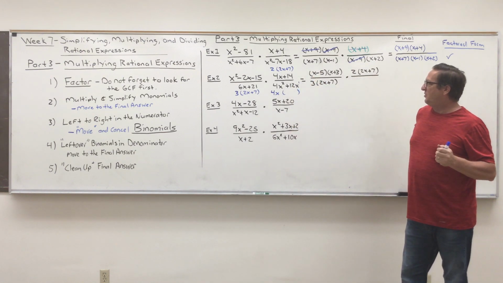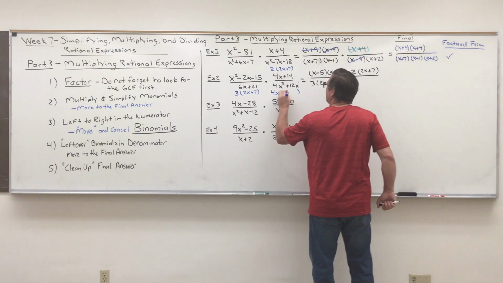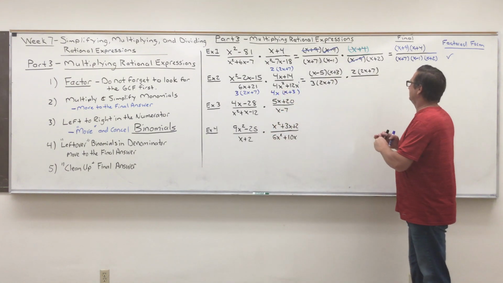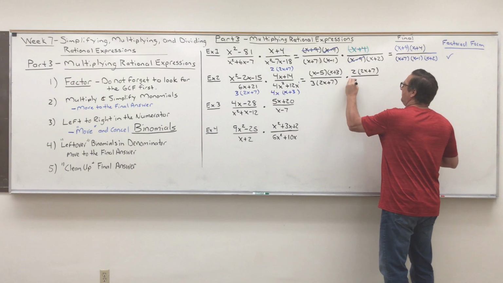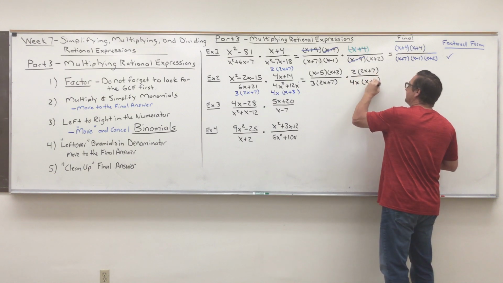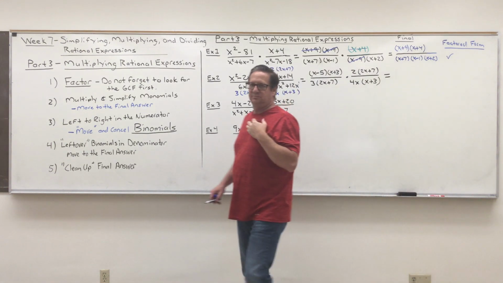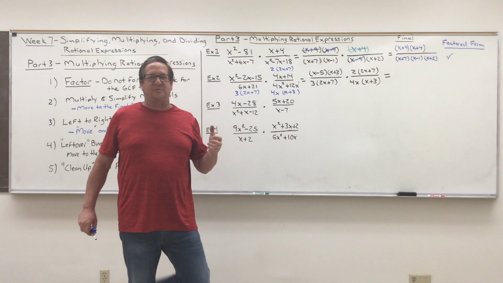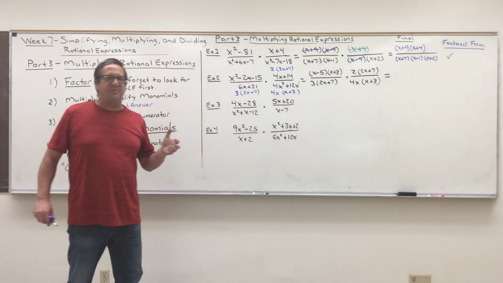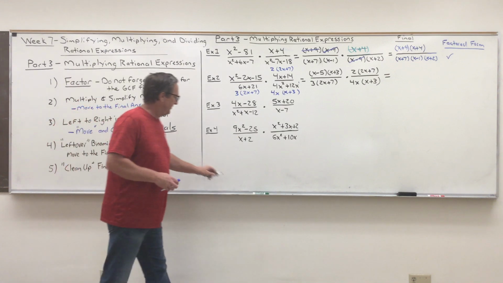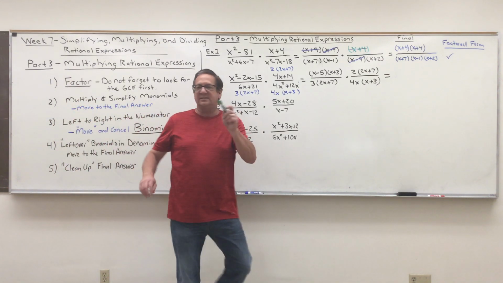And so I pull out a 4x, and I'm left with x plus 3. 4x times x plus 3. That's a lot of factoring. This is going to give you a great review of factoring. You want to remember factoring. You don't want to forget it over the summer. And so, what does it say next?